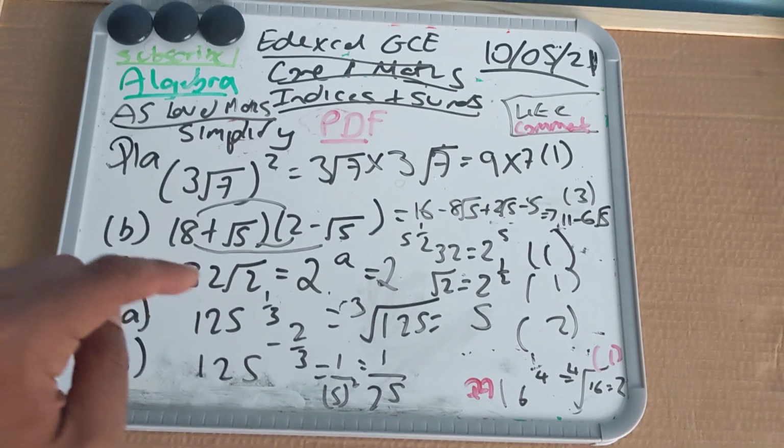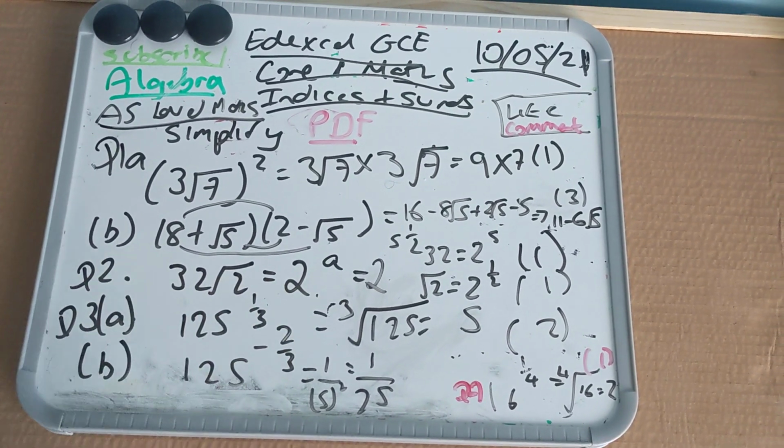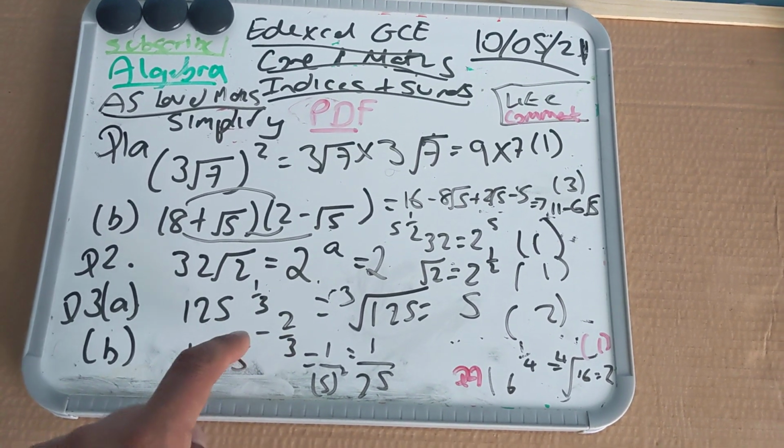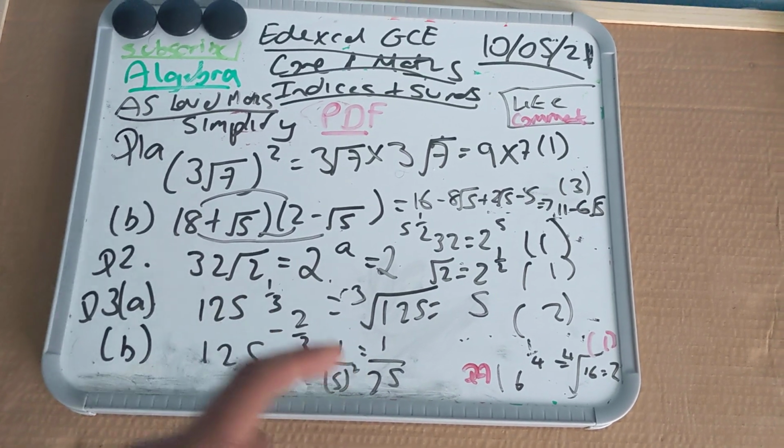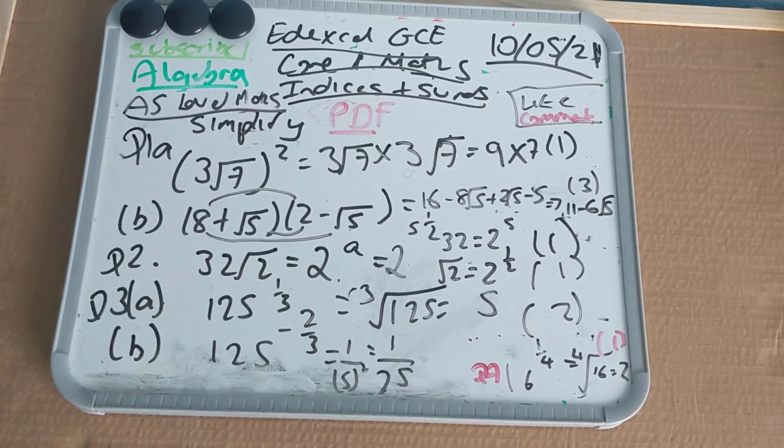Part B. 125 to the minus 2/3. The minus is just the reciprocal, so it's 1 over 125 to the 2/3.